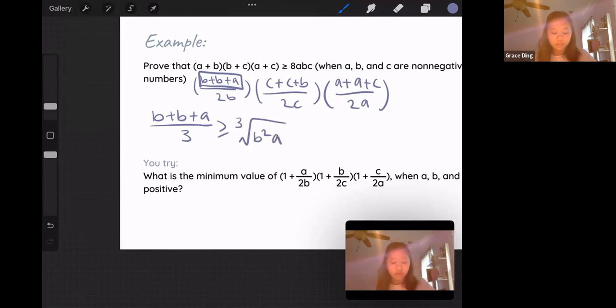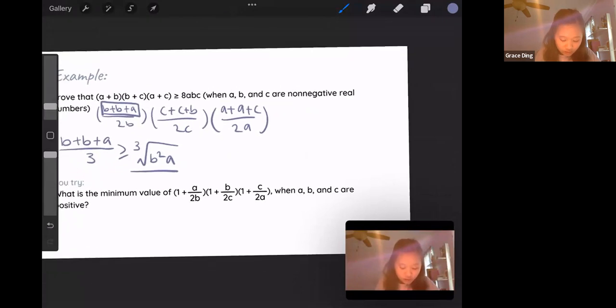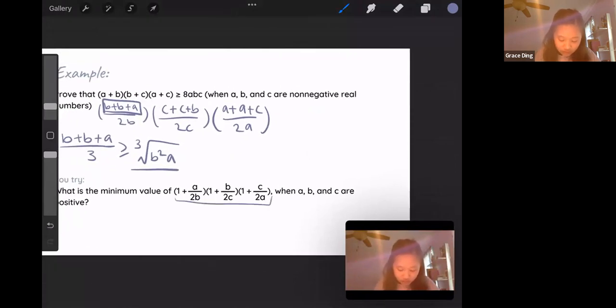Just multiply them. So if we plug in all of these into the numerators, then this original expression is going to be more than or equal to b squared a 3 2b minus.